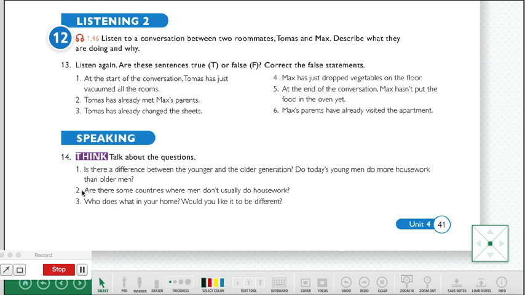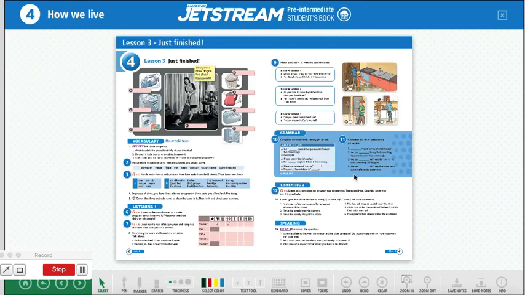Number 1, number 2, and number 3 are going to be answered in the notebook. That's it. Those are going to be the activities. That's everything, guys. If you have any question or any doubt about the activities you have to do, please let me know by cell phone. It's okay, don't worry. Or in the class. That's it. Thank you.